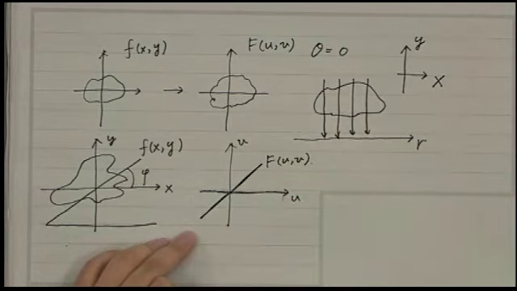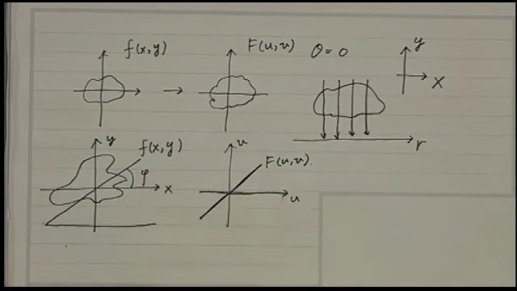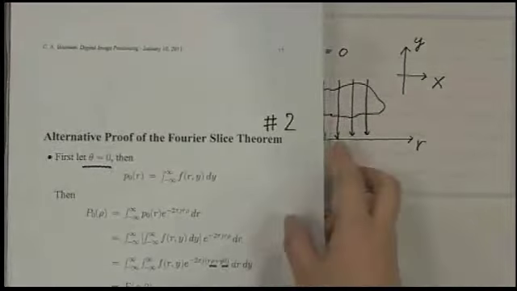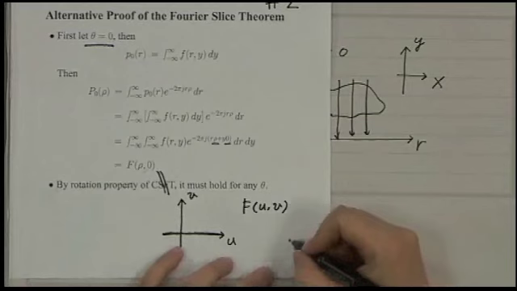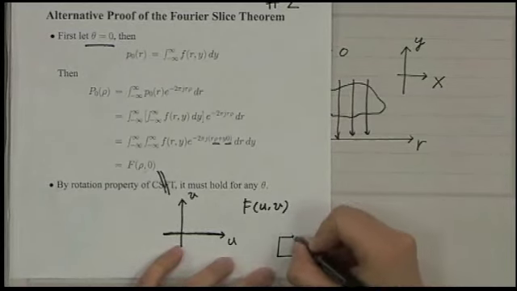And we can say the same thing for any angle phi. So the proof is over. Actually, in this proof, we just need to prove only one case. So that's the end of the proof.